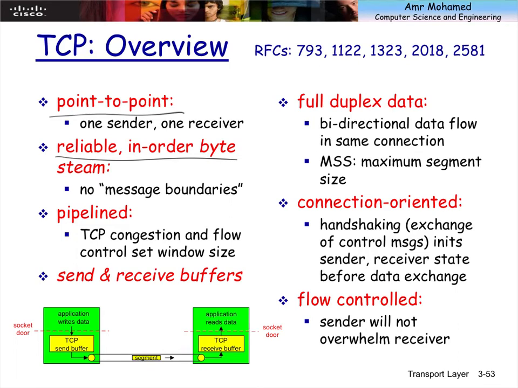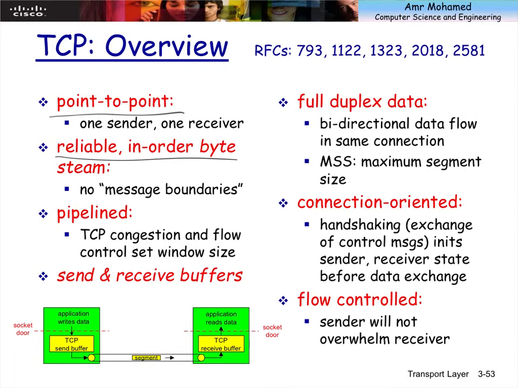When we say in order byte stream, in order means we deliver to the application always in order. Even if we're talking about unordered reception, unordered reception does not mean at all unordered delivery to the application, because that's not possible. You have to deliver the segments to the application always in order.